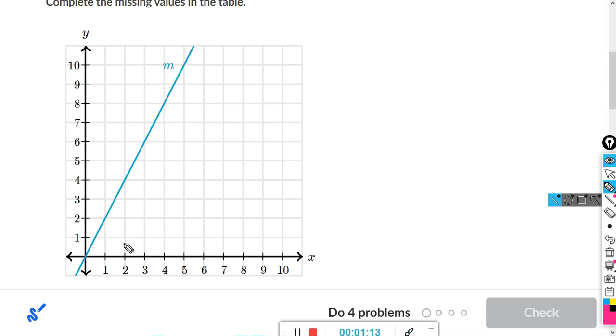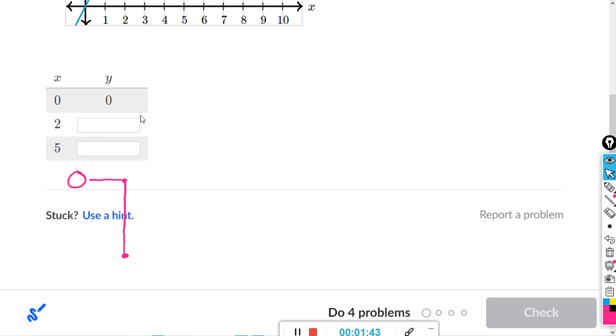So go to the x-axis, go to X equals 2, and trace that to the blue line. Okay, it hits the line right here. And the Y coordinate at that point is Y equals 4. Okay, so just put that in the box. All right, X equals 2, Y equals 4.